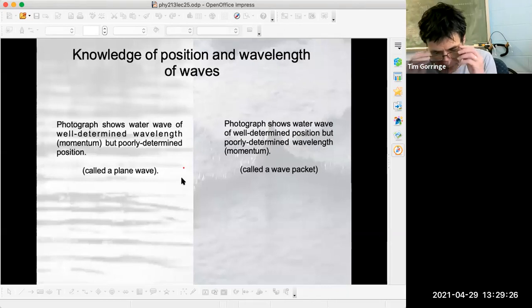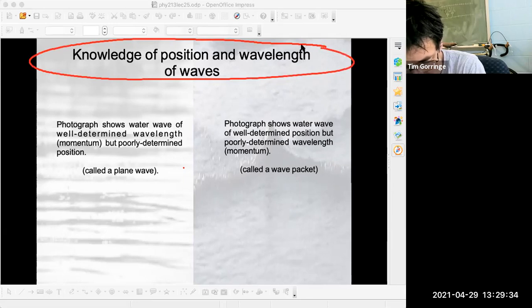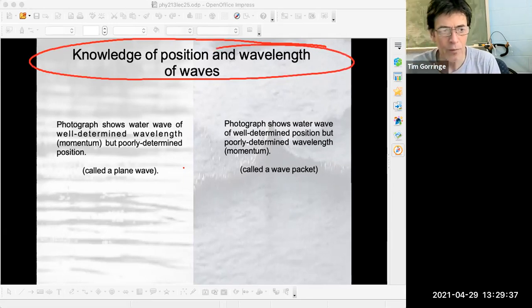So let me show you that you're actually familiar with the uncertainty principle, for example, with water waves.